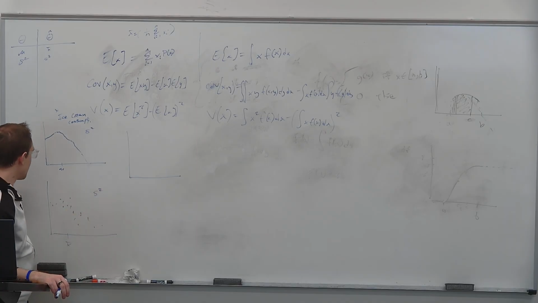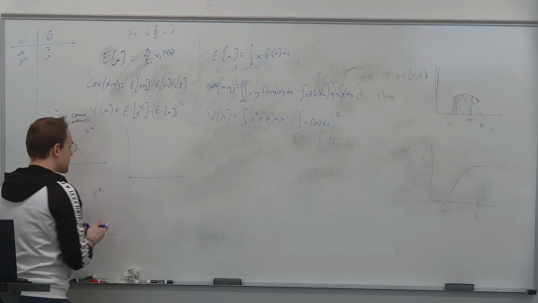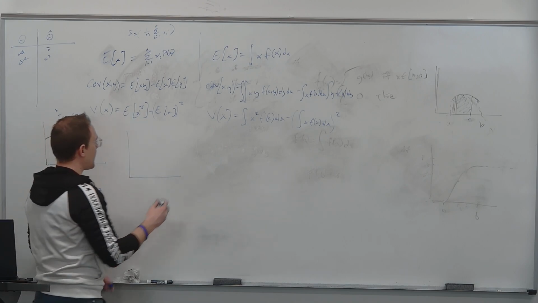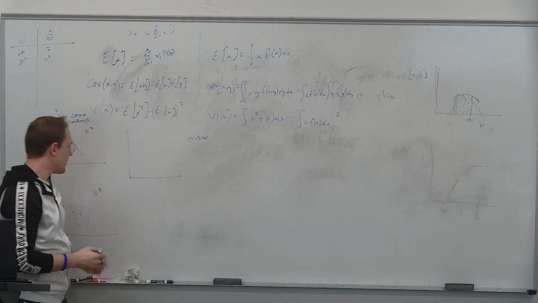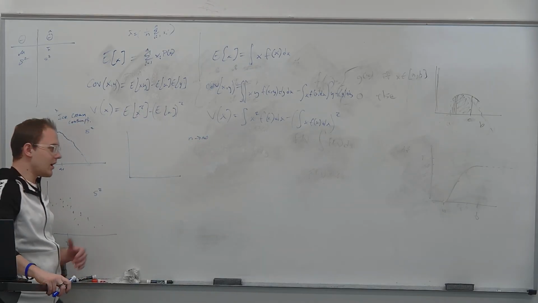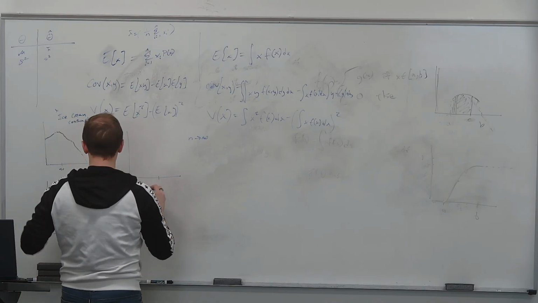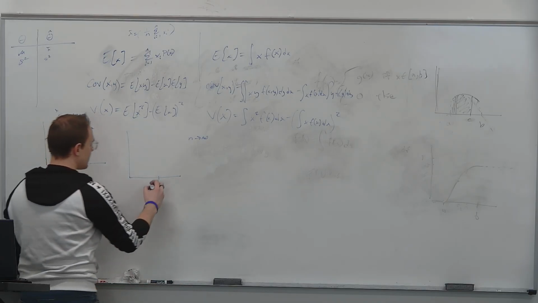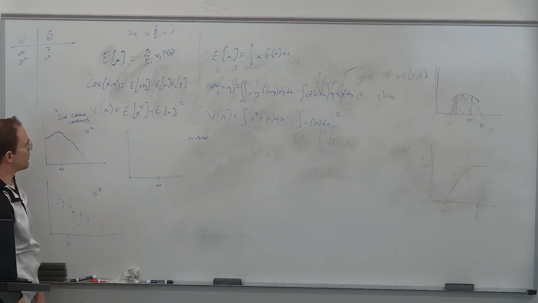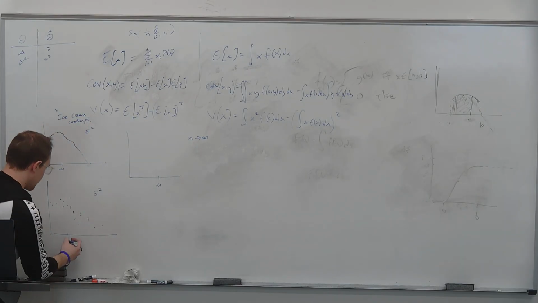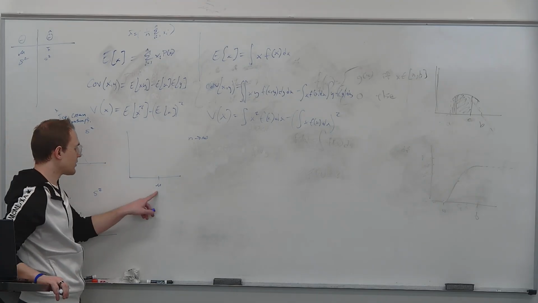But x bar has its own distribution, and we know some things about it. As my sample size goes to infinity, what I know from something called the law of large numbers is that it is going to be centered around my true population value. So the bigger my sample size is, the more confident I am that the distribution of x bar, if I were to take more and more samples, is going to be centered around this.